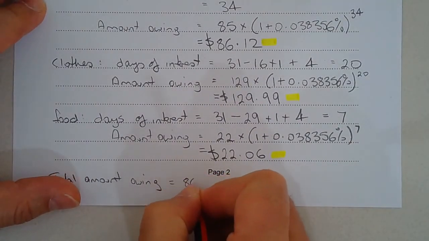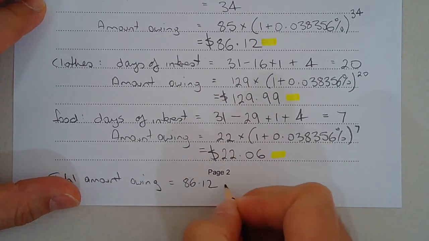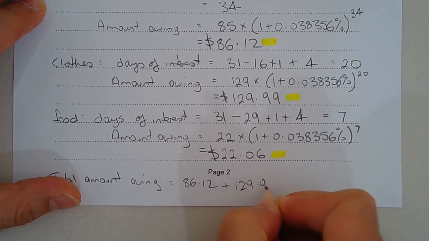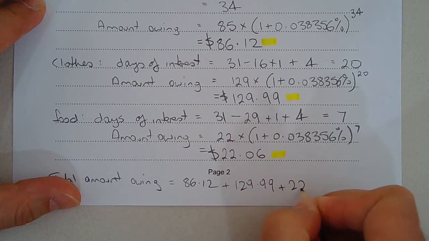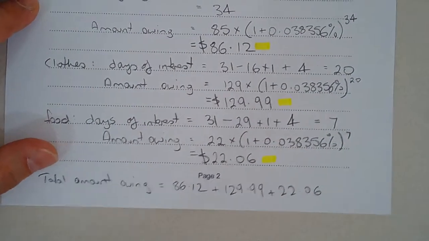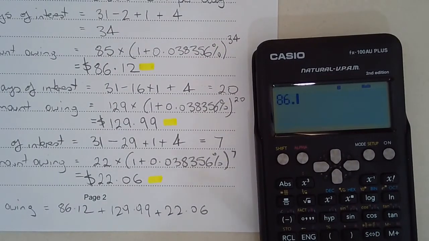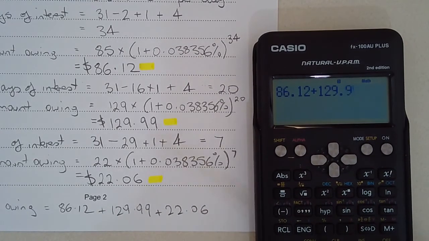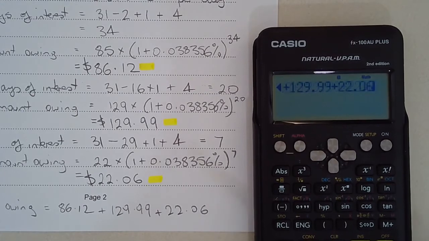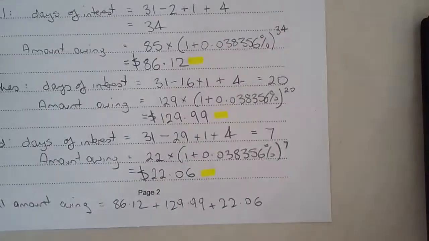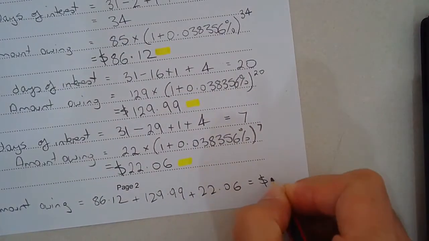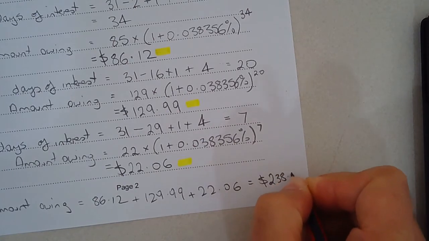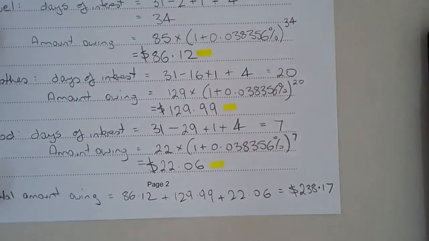So that's 86.12 plus 129.99 plus 22.06, and we get 238.17. So that's how much Michael would have to pay.